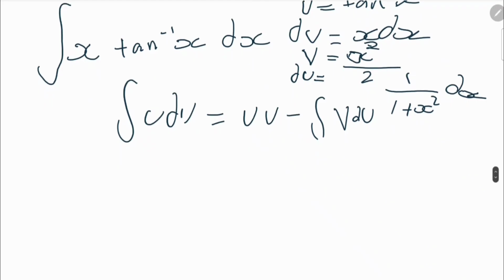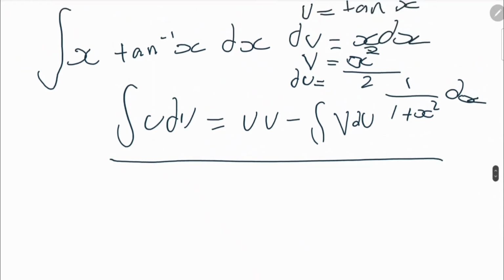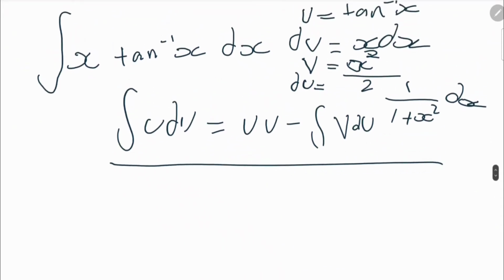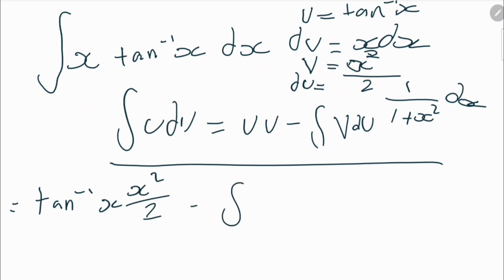Alright. Now, we can just plug it in here. So uv, tan to the negative 1 x, or arctan, times v, x squared over 2, minus the integral of v du.